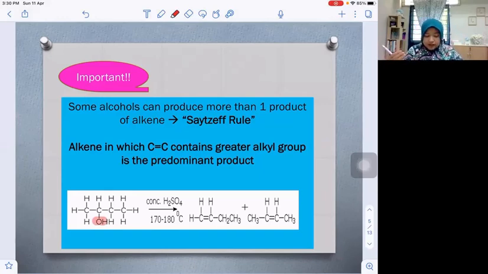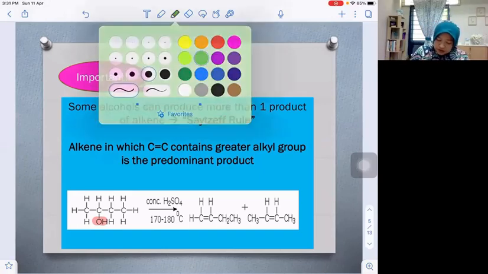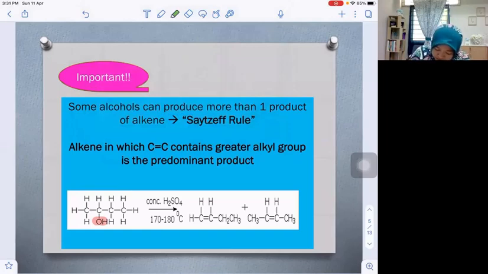In this case, there are two possible hydrogens that can come out together with the hydroxyl group. Either the hydroxyl comes out with the hydrogen from the first carbon, or with the hydrogen from the third carbon. Since we have two possibilities here, we will have two products.